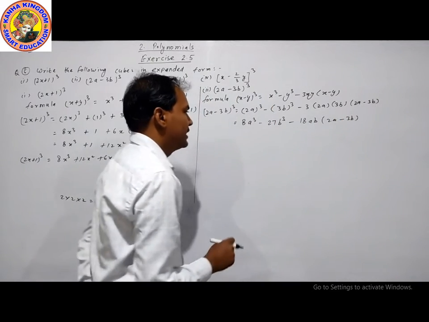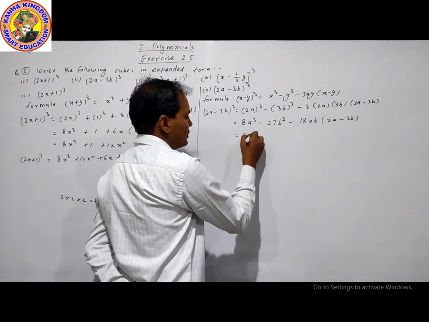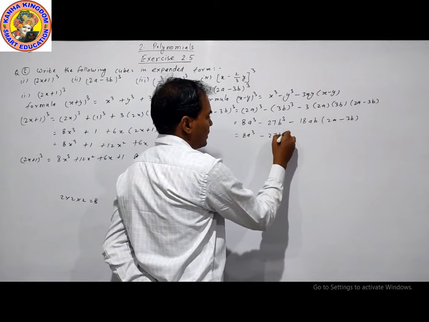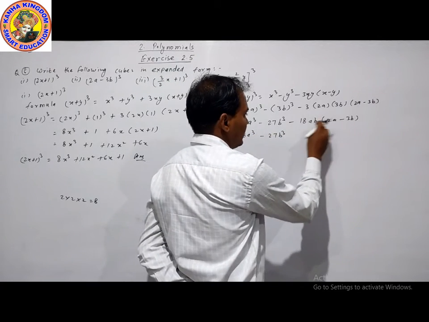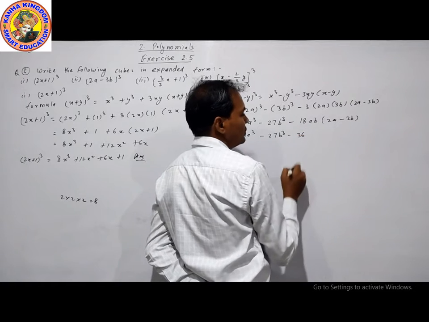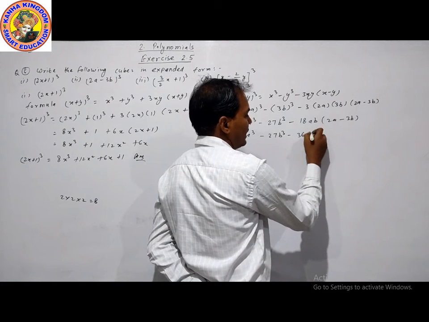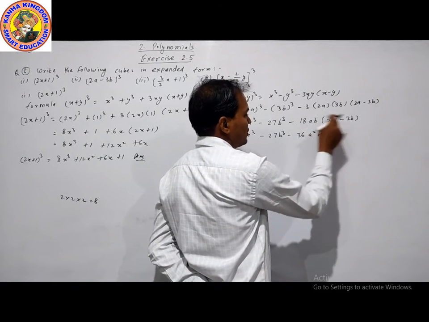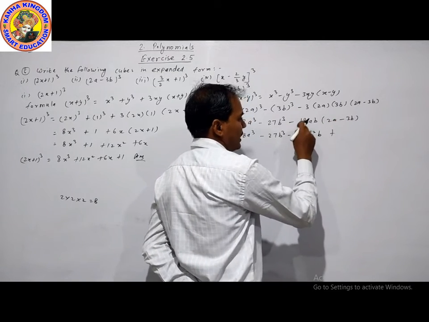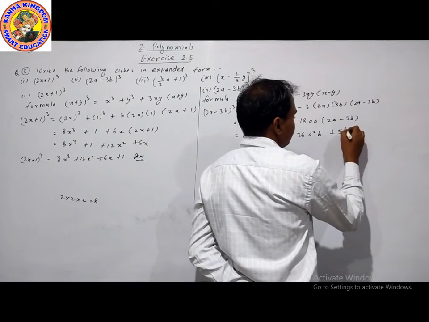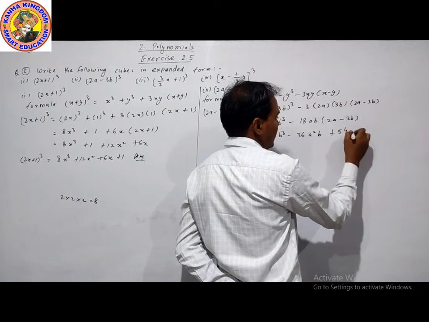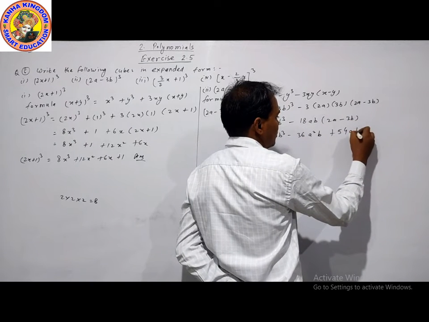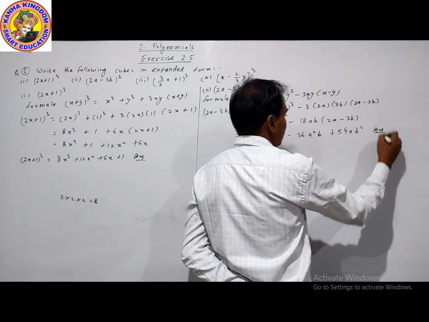We are opening the bracket here: 8a cube minus 27b cube, minus 18 into 2 is 36, a square b, minus into minus plus 18 into 3 is 54, a b square. This is our answer.